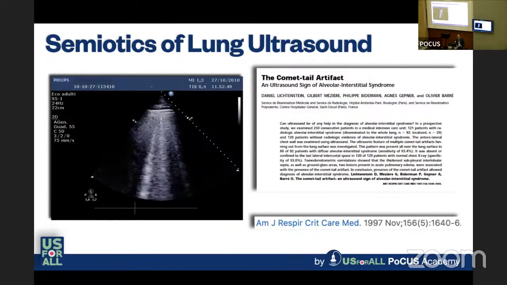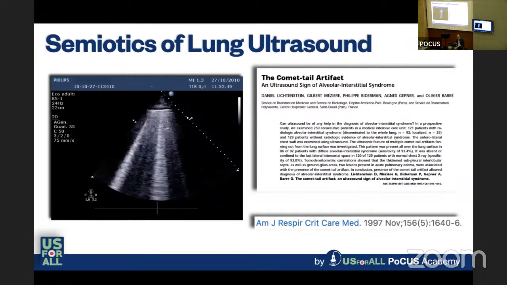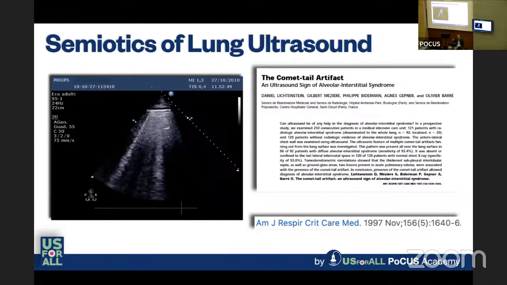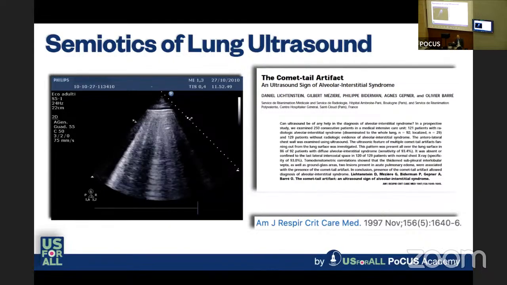Anyway, what was discovered in these last, I would say, 15, 20 years is that not always we have a mirroring in the image of the lung. Sometimes, in some conditions, we have a different pattern.